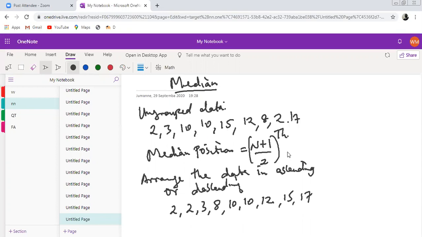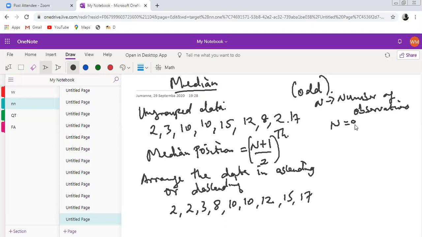I want to start with the median when we have an odd number of observations. In this case, we had 1, 2, 3, 4, 5, 6, 7, 8, 9, so 9 observations. If we want to locate the median, we can apply this formula. Remember, n is the number of observations. So our n in this case is 9.